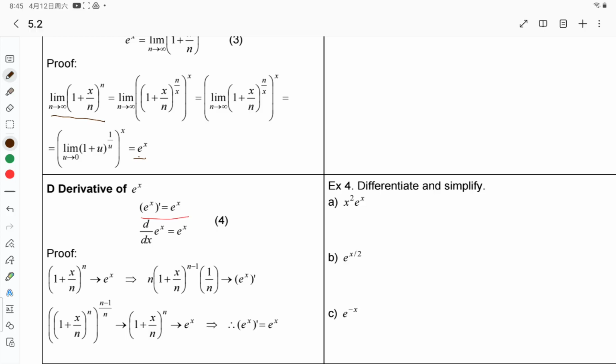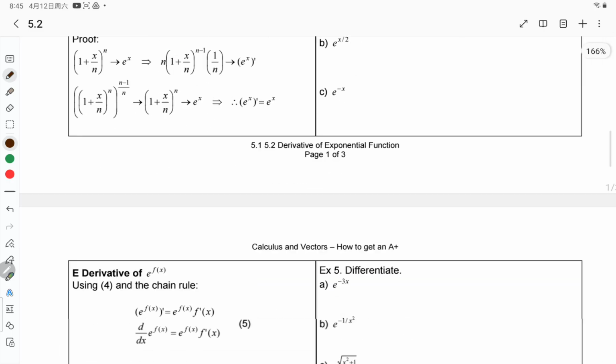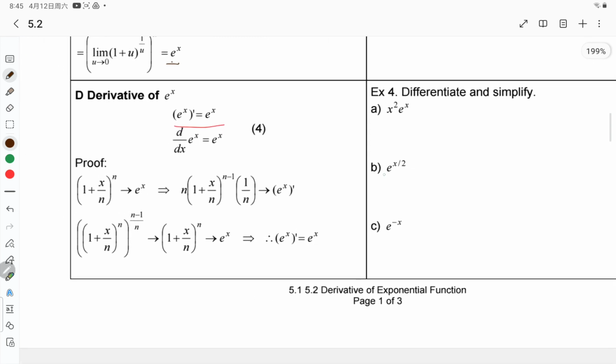And then I think differentiating and simplifying these should be straightforward, right? And this is like a mini example of the chain rule. So the derivative of e to the u with respect to u is always e to the u, right? So first we write e to the x over 2.